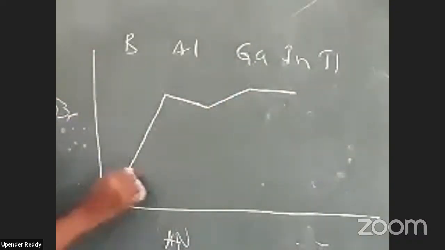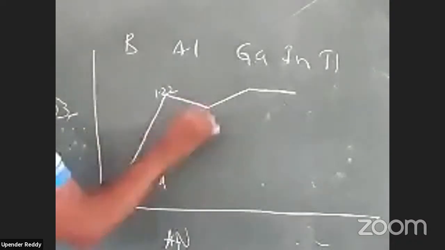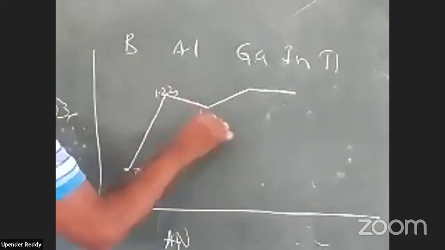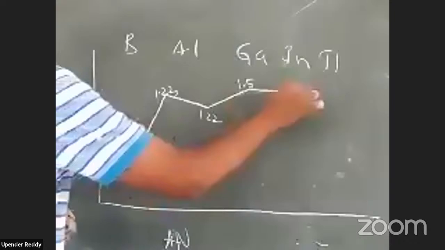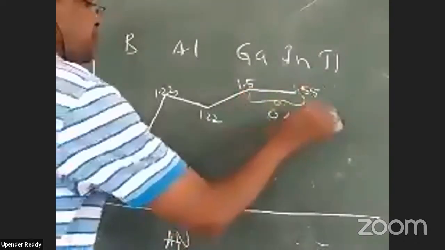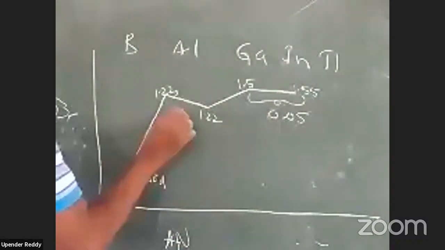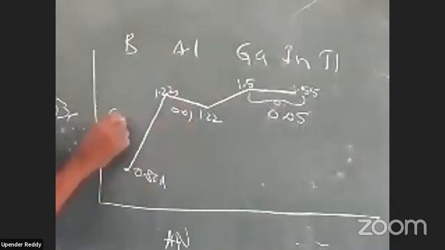Boron 0.8 angstroms, 1.22, 1.23, 1.22, 1.5, 1.55. The difference is 0.05. Here the difference is 0.01. Here the difference is 0.242.